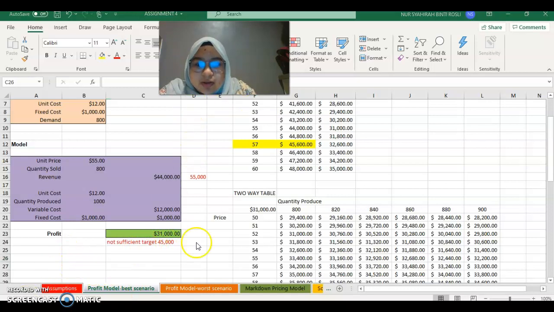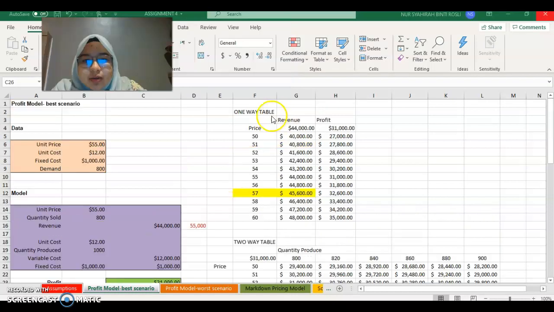But the profit is not sufficient, because we target the profit to be 45,000, and the revenue also is not sufficient because we assume it to be 55,000. We use the one-way table and two-way table to find the best.